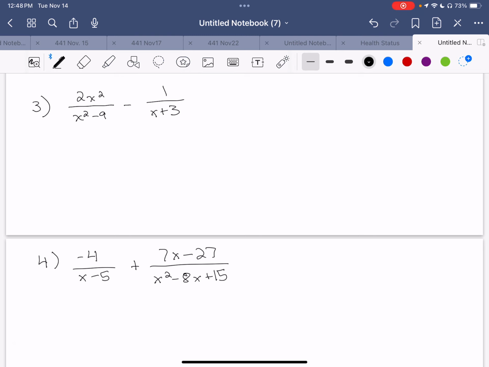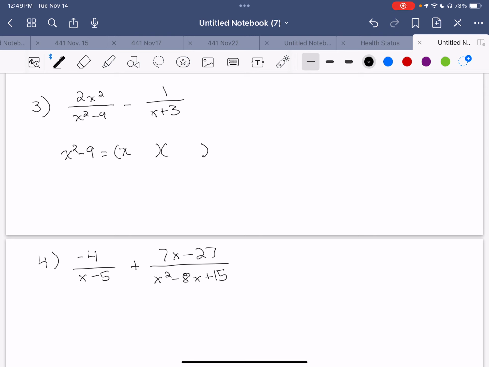Couple more questions of a little bit more work when we can use our factoring in order to figure out the common denominators. So when we look at denominators, we're looking at what multiplies to get there. So let's factor these. My first step is taking the x squared minus 9 and factoring it.